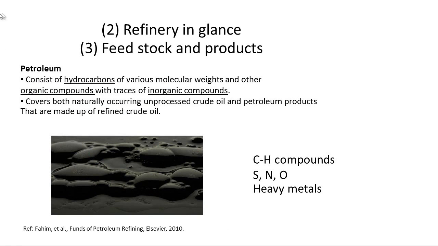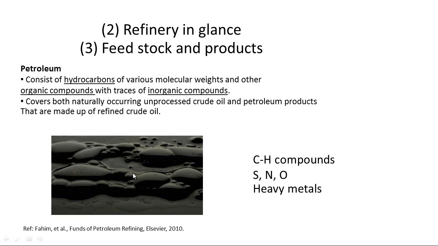Well, petroleum consists of hydrocarbons in a wide range of molecular weights. They include organic and inorganic compounds. Of course, the main composition is organic. When we're talking about petroleum, it will cover both unprocessed crude oil and also refined products.